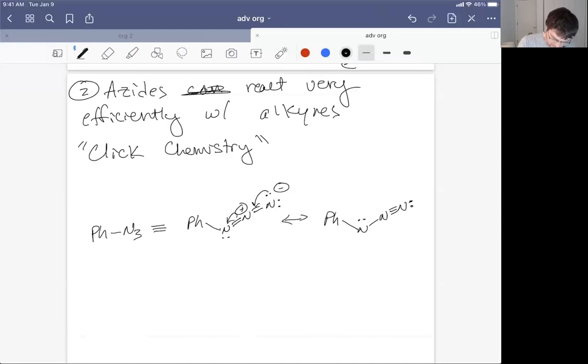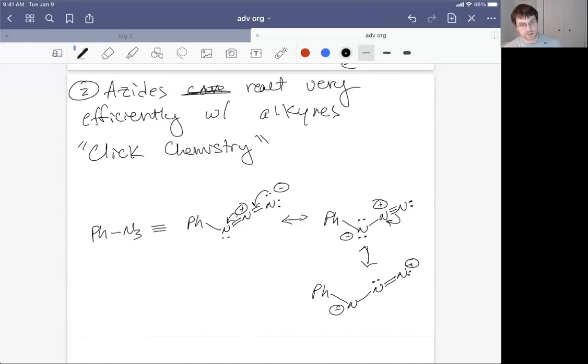Add another lone pair on the leftmost nitrogen. We keep a positive charge at the center nitrogen. I'm going to just push another pair of electrons inward to get us to neutral in the middle, negative on the left, and now +1 on the right, because we've lost a lone pair of electrons to the central nitrogen.